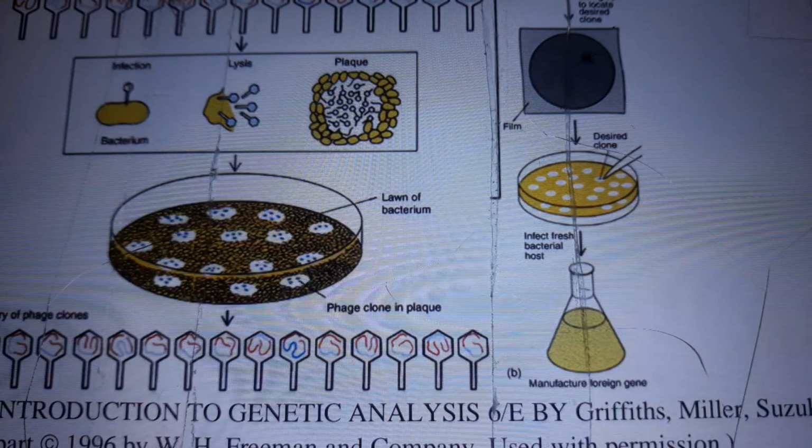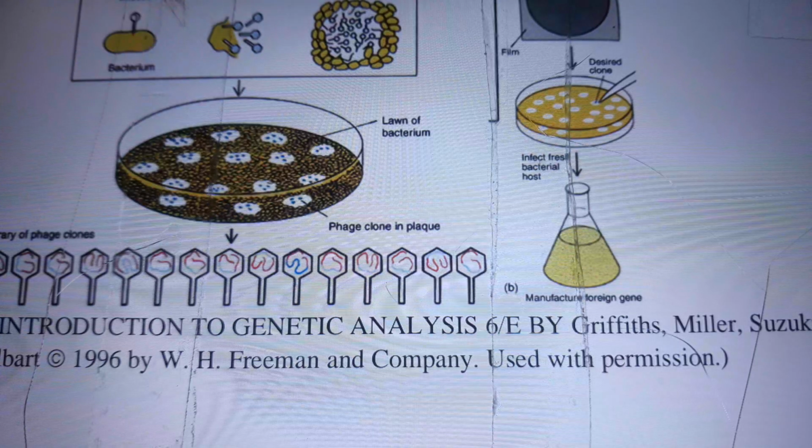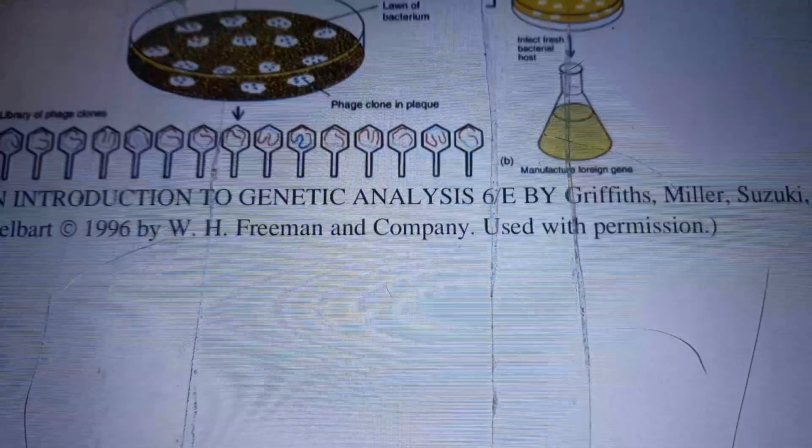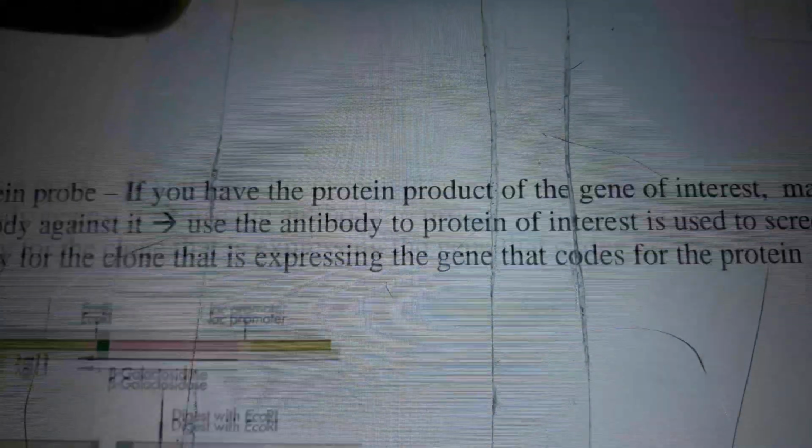Then that moves on to infection of the bacterium, lysis and plaque, and the lawn of bacterium, which finally leads to a phage clone plaque, a library of phage clones. Courtesy to the authors, copyrighted and produced by W.H. Freeman and Company, used with permission.